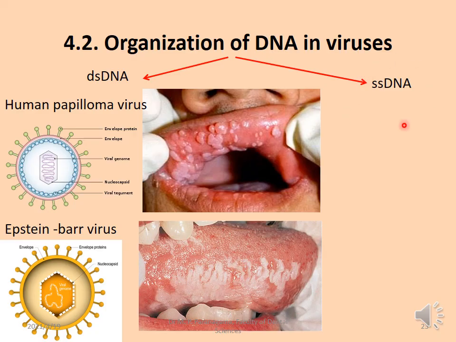In dentistry, we generally don't encounter diseases caused by single-stranded DNA viruses, but there are some common diseases which are caused by double-stranded DNA viruses. One of those viruses is human papilloma virus, which can cause oral cancer, and the other one is Epstein-Barr virus.